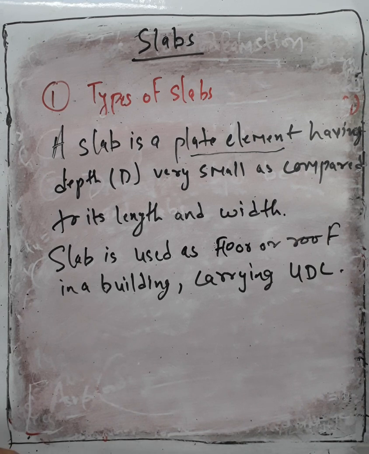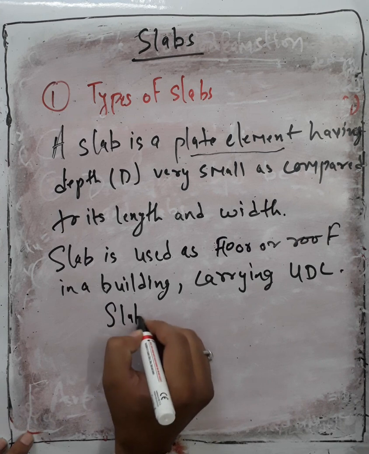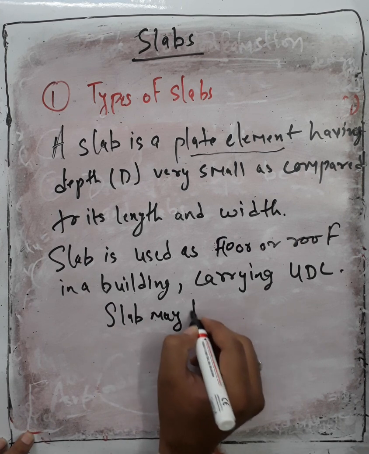So it looks like a plate, and the depth of an RCC slab is very small compared to its width and length, and it is used as a floor and roof of a building which carries UDL load. Now a slab may be simply supported, or may be continuous.